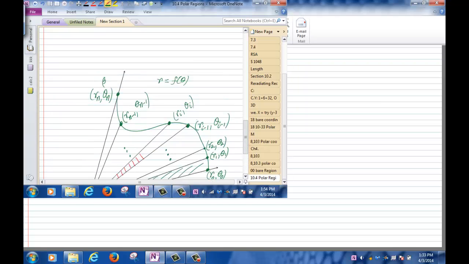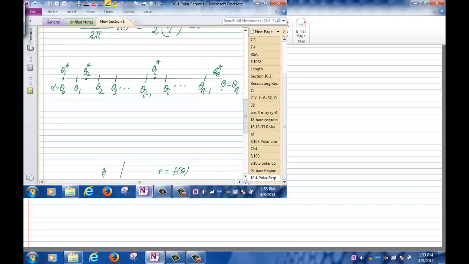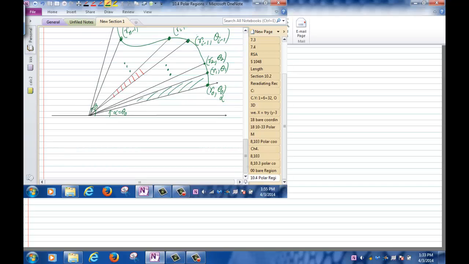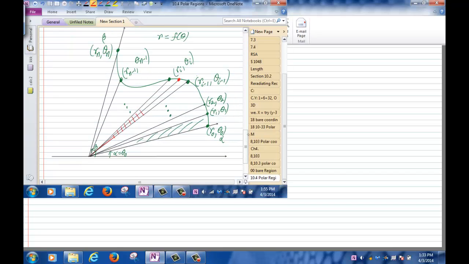In the ith subinterval, remember I picked theta I star. That theta I star will correspond to, let's say, this point here. So this point here corresponds to theta I star.